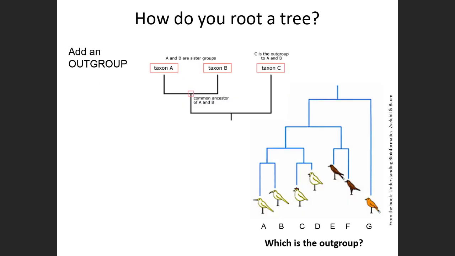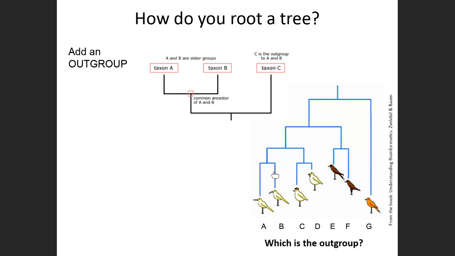So here's what we do. You compare these three entities, and then you see which one is the most different of all, and you call that one an outgroup. And then your outgroup helps you root your tree. So like in this example here, the birds are labeled with letters.